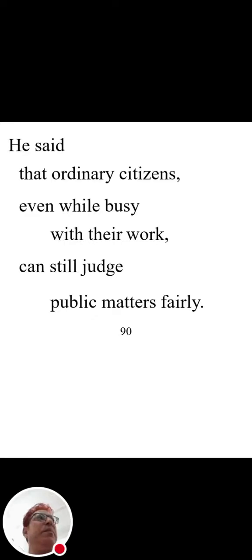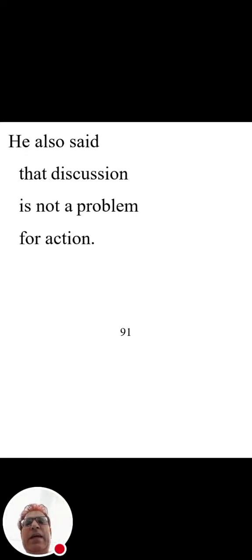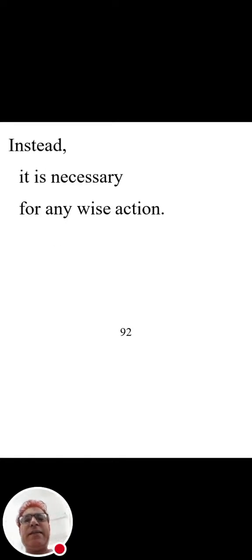He also said that discussion is not a problem for action. Instead, it is necessary for any wise action. If there is a discussion before making a decision, the decision will be better.